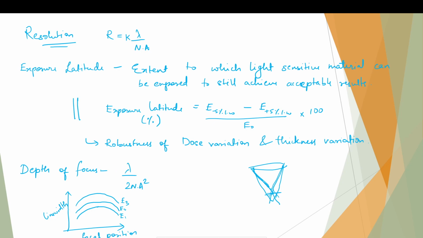Say I am okay with having line widths between this and this. If I am giving E1 as my dose, then the focal position between this and this is my depth of focus, and this is my desired region. So for these focal positions and these energies, my line width is in tolerance. Okay.